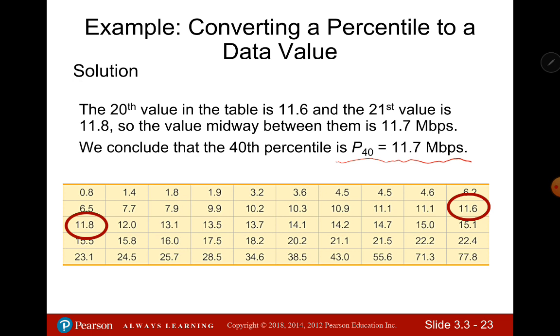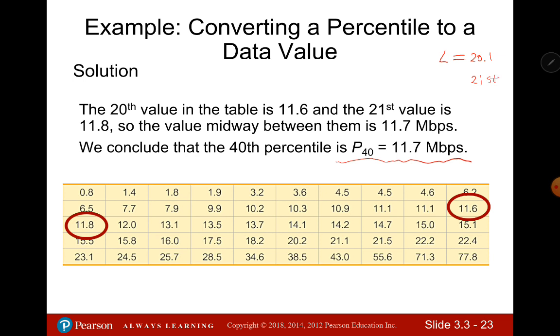But for example, sometimes we get an L that is not a whole number, let's say 20.1. This time it's not a whole number, so according to the procedure, we only need to check one value and always round up to the next whole number. So it will be 21.